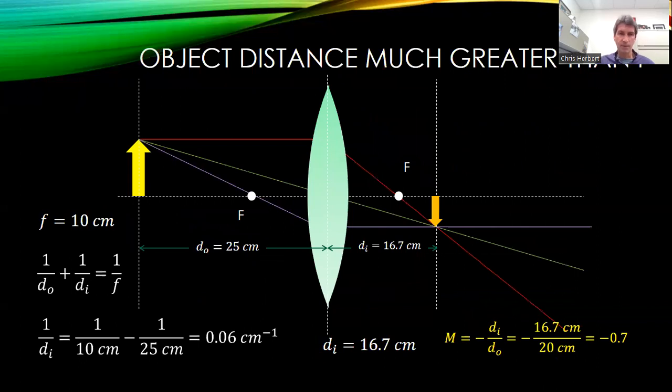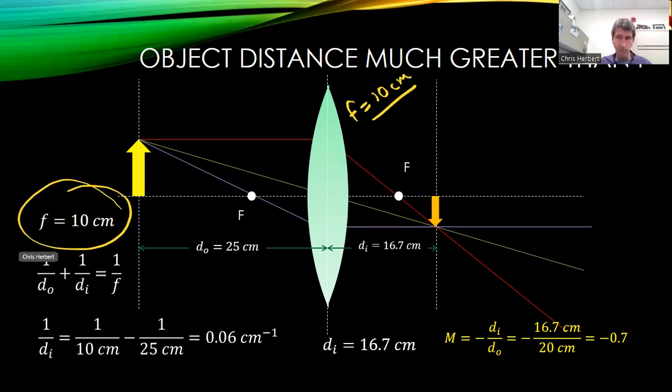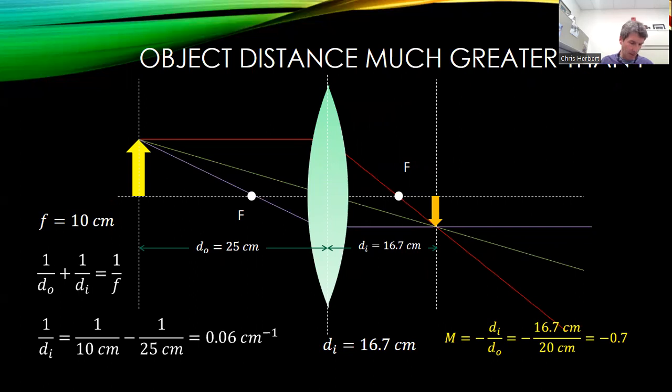So plugging in the numbers, here's how I would do that. Now again, I'm assuming that we still have the same lens throughout all of these examples. We're going to set the focal length to 10 centimeters. That'll be the same for everything, except for our divergent lens. We'll use something different there. So focal length of 10 centimeters, I plug that into my equation.